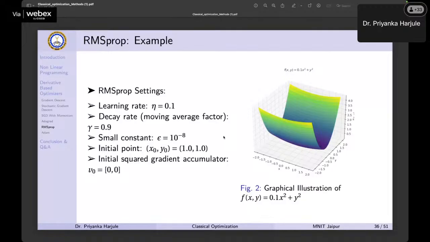First of all, you can see here this 3D plot of the function 0.1 x square plus y square. You see that this function is really steep on the y axis and not very steep on the x axis. So in this case, RMS prop will not work very well.